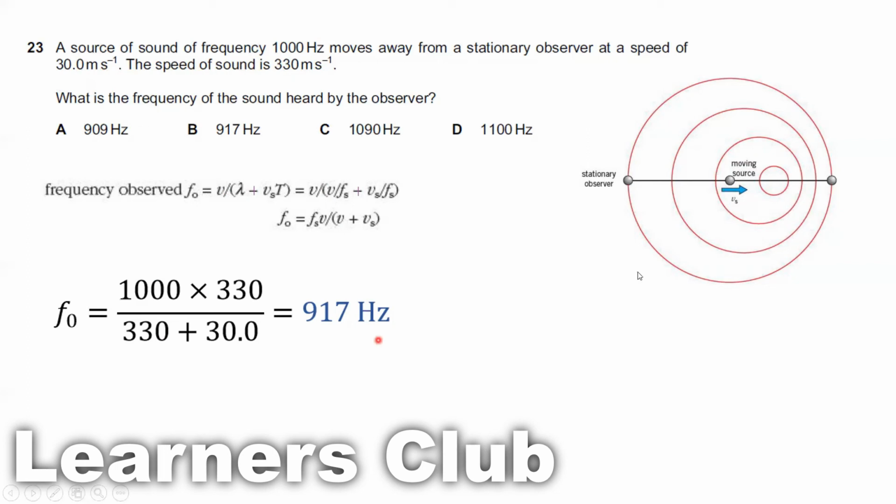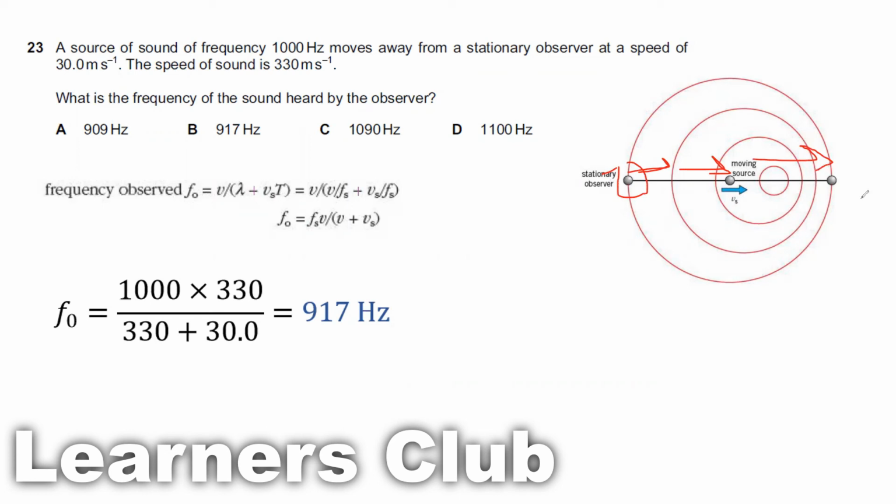This is for an object that is moving away from the observer. So basically you can see there is an increase in wavelength. That is, to an observer, the wavelength will seem to be longer. This is the stationary observer. When something is moving away, which is the redshift, the wavelength will seem to be increased.